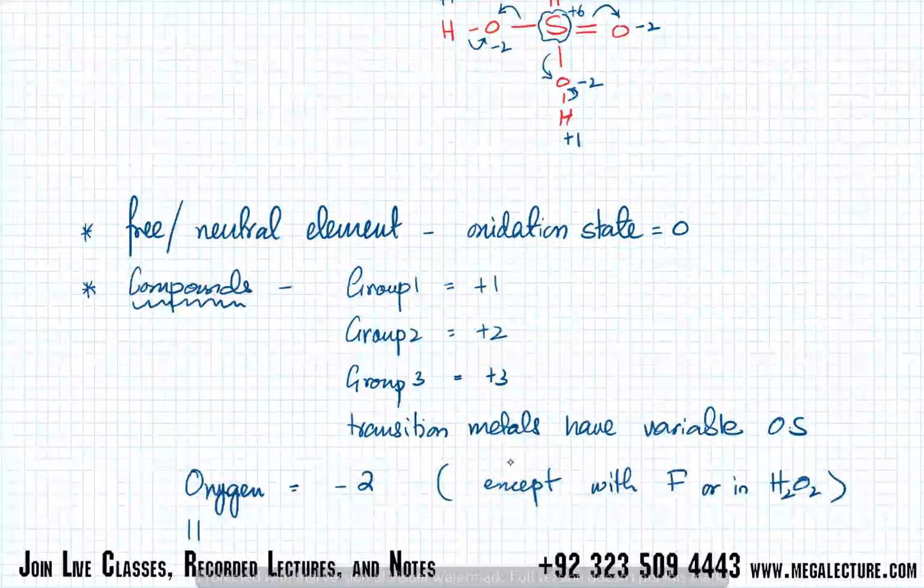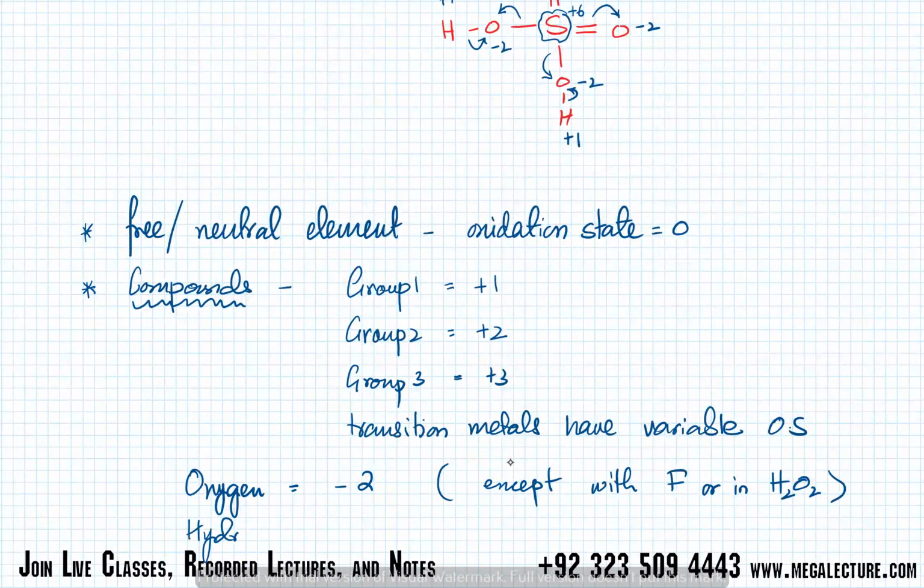And you've got hydrogen, which is normally +1 because it's the least electronegative non-metal. So it's always losing electrons, except when it's with metals. Because it's a non-metal, it's actually more electronegative than metals.